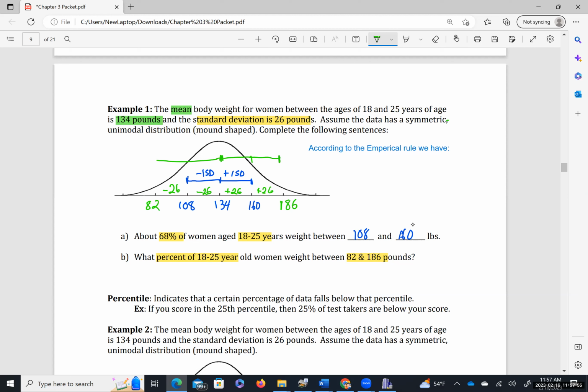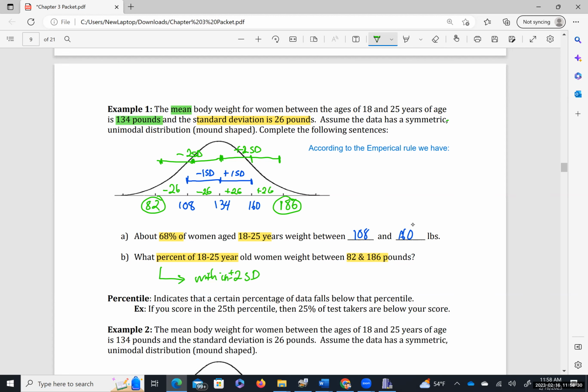If you add and subtract two standard deviations, you will get 82 and 186. And according to the empirical rule, you can right away say this is going to be within two standard deviations, right?